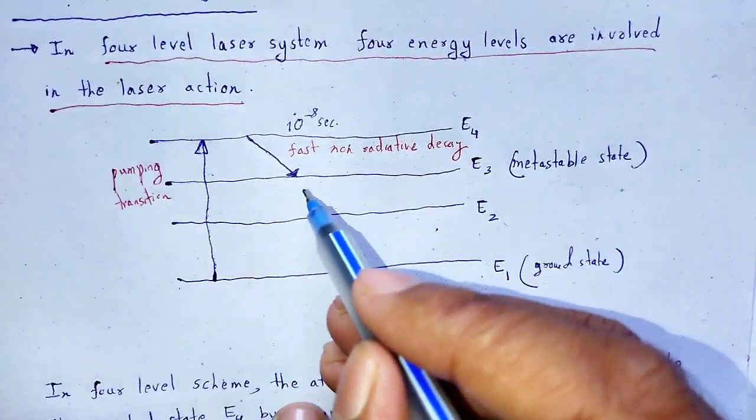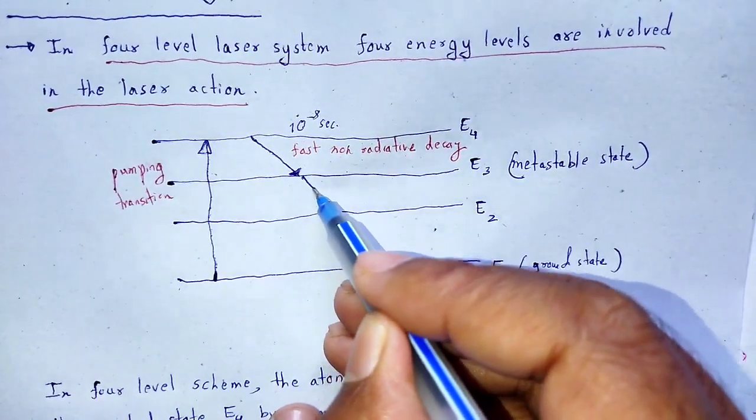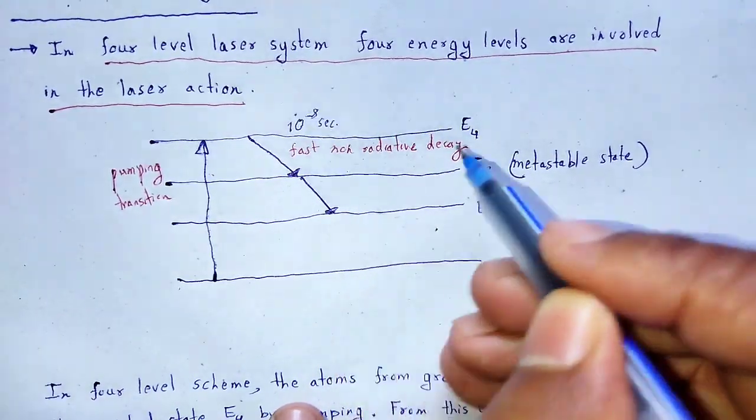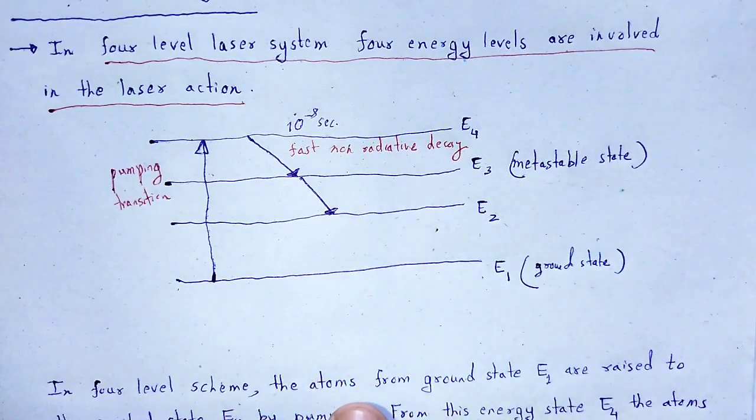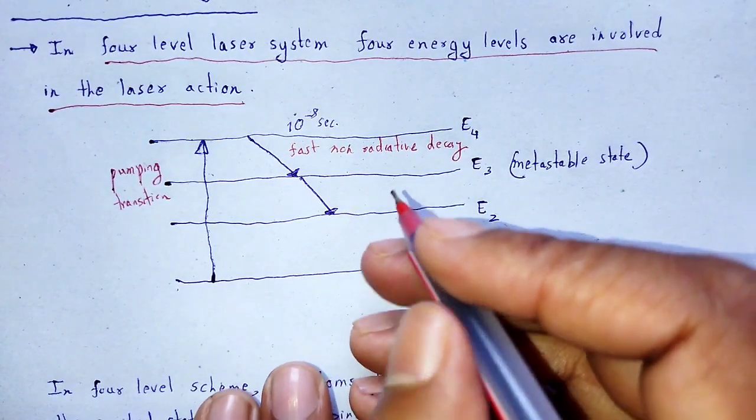The transition from E3 to E2 is stimulated emission.